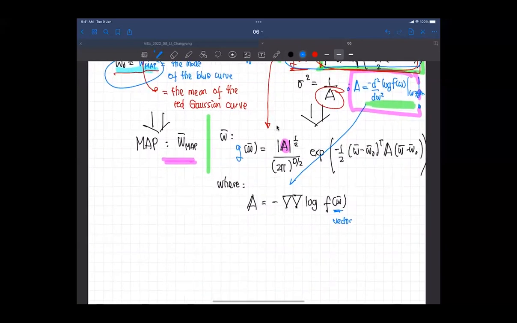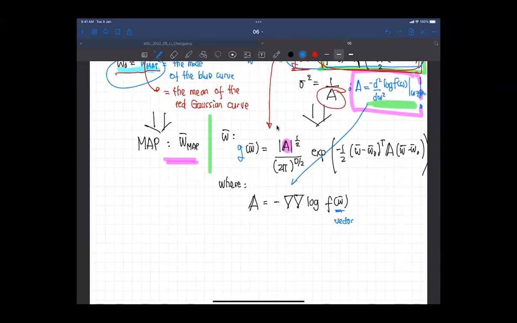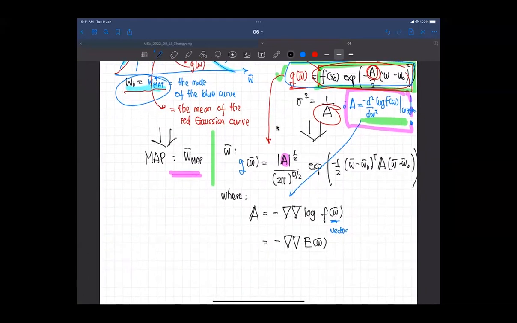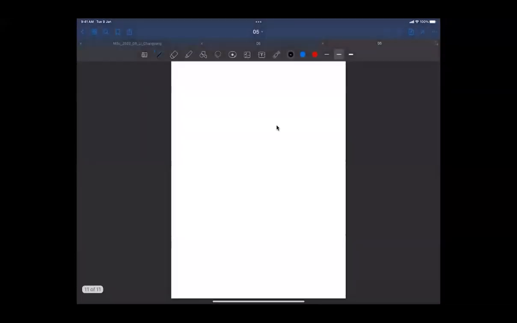F here, remember F here, actually represents the E of W. Log W is E of W. So what is E of W? Let's look at the previous discussion for classification.